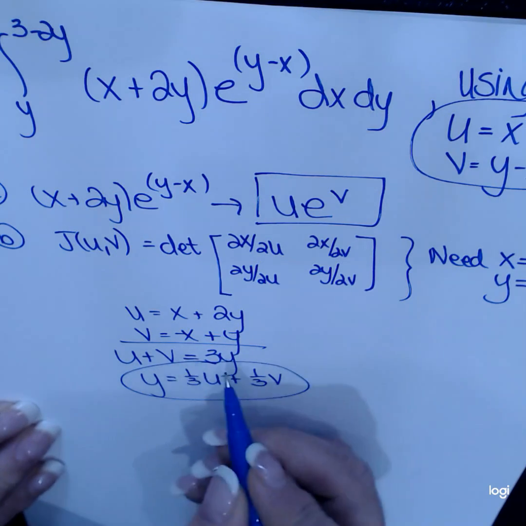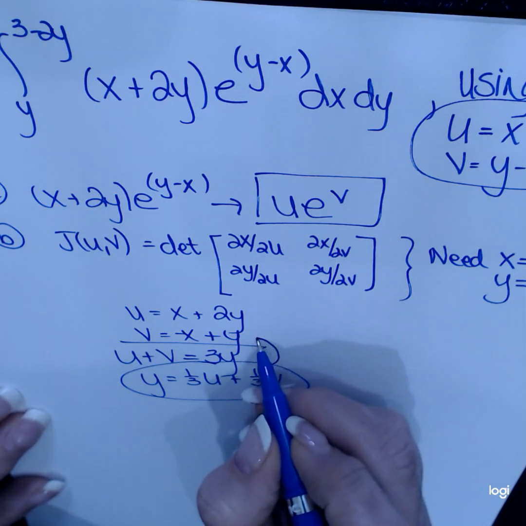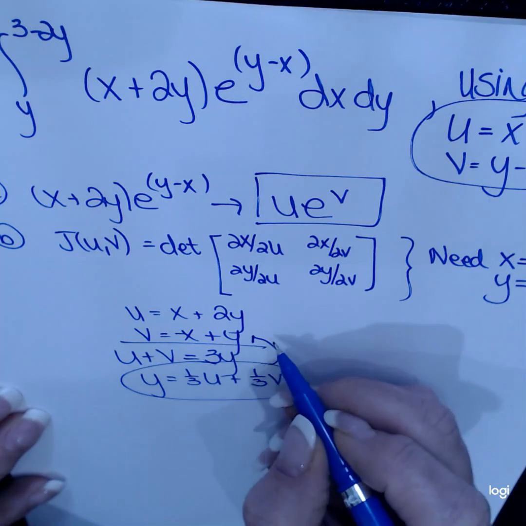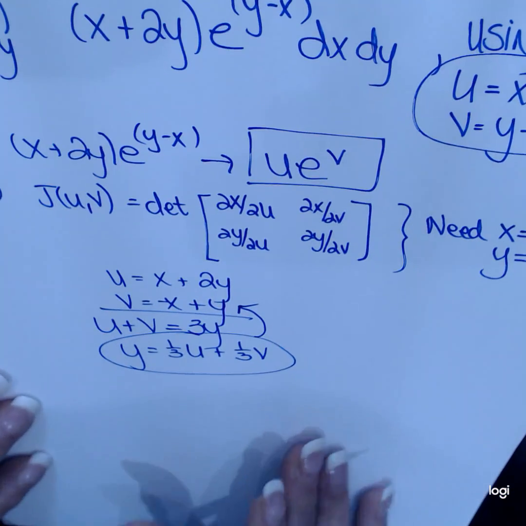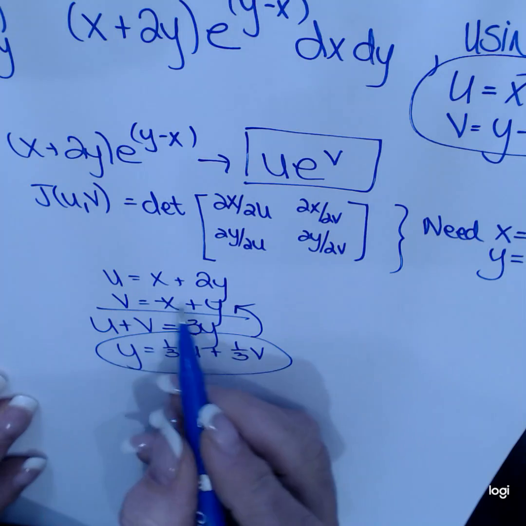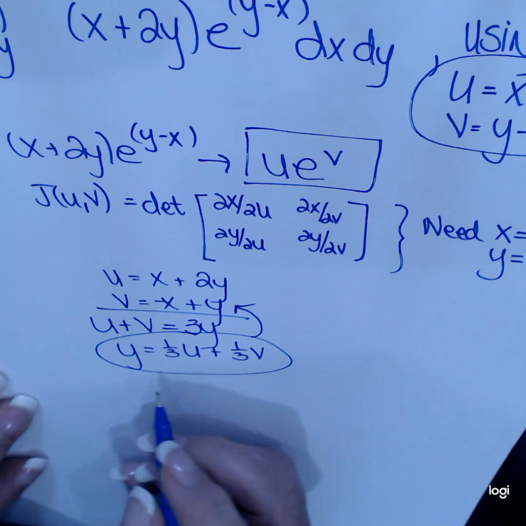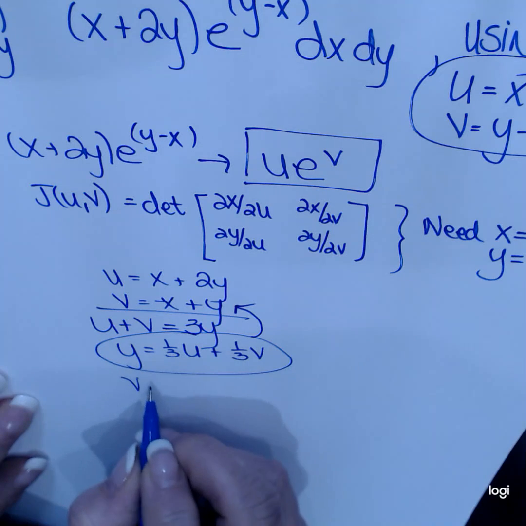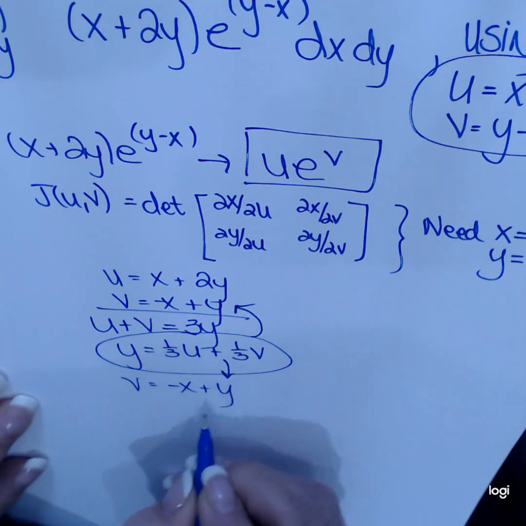Now I can take that and substitute it back into either one of these two equations to solve for the other variable. I can do that right here. So everywhere there's y, I'm going to put in 1/3 u plus 1/3 v. So I've got v is equal to a negative x plus y, and then we'll put this in for y.